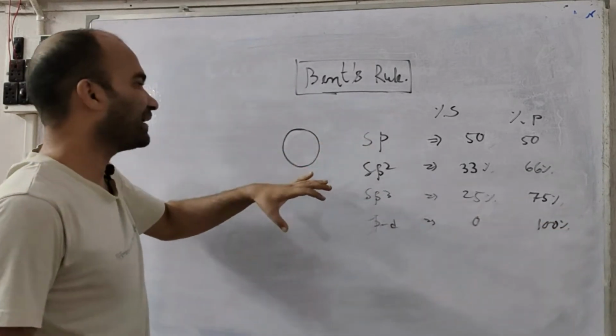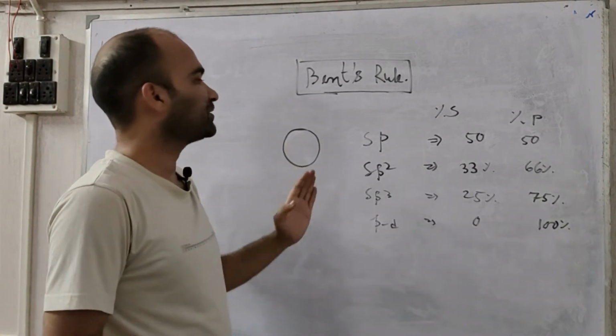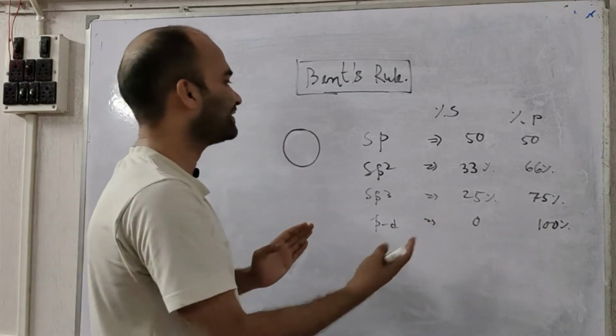Thus electronegative atoms, if they are included, will always prefer the position with higher s character.